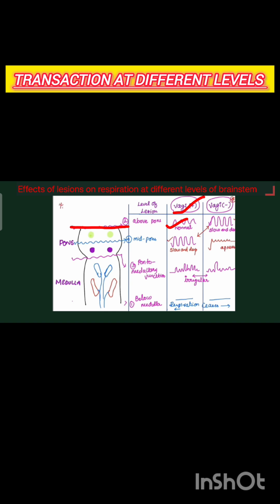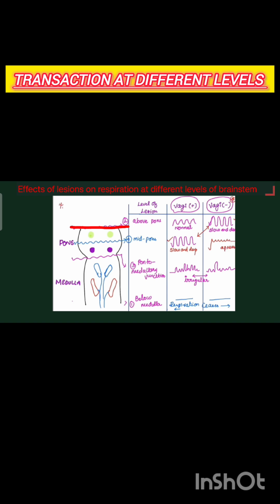Even though the pneumotaxic centers are intact, the vagi are cut, so one of the inspiratory switches is lost. So the respiration becomes slow and deep because the inspiration is deep. So the respiration will become slow and deep in case of a lesion above the level of the pons with vagi cut.